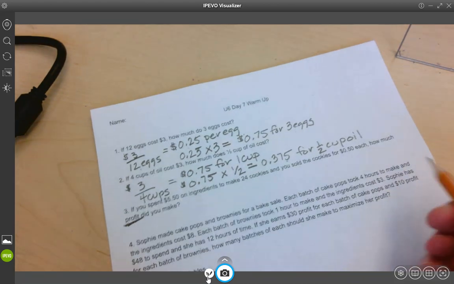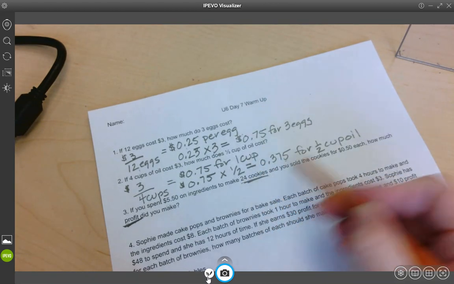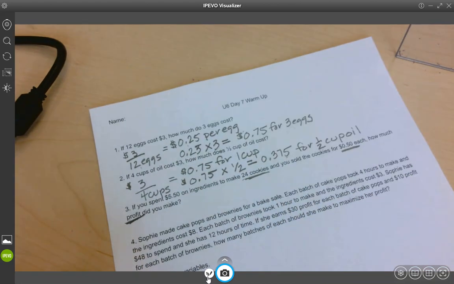So in this case, a lot of you figured out that if you have 24 cookies and you sell them for 50 cents each, what do we do with those numbers to find out how much money you get at the bake sale? 24 and 50. Should I add them, subtract them, multiply, divide? So you got 24 plus 50 is 24.50? No, I think you did something different. What'd you do?